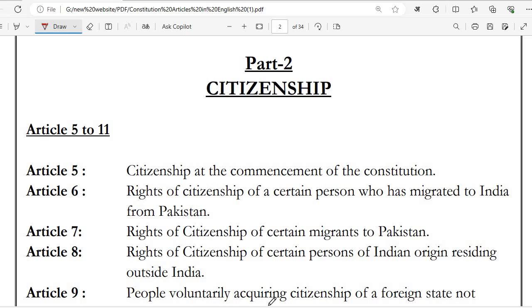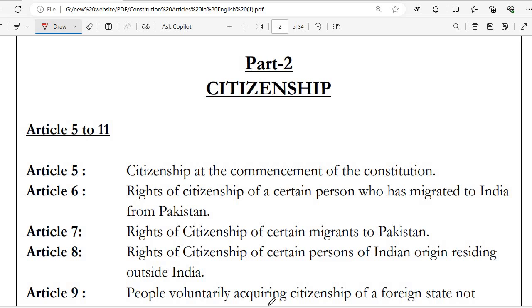Then Article 6 says right of citizenship of certain persons who have migrated to India from Pakistan. So after the partition of India, the article was very helpful for those persons who migrated to India from Pakistan, and they were included as citizens of India.